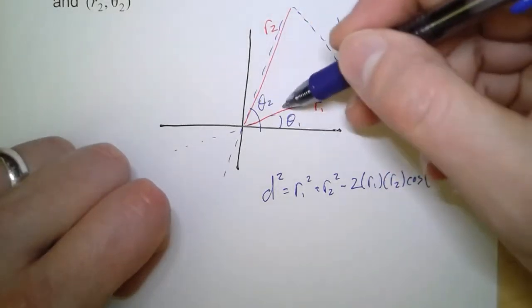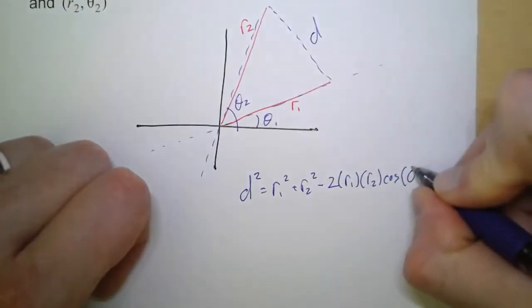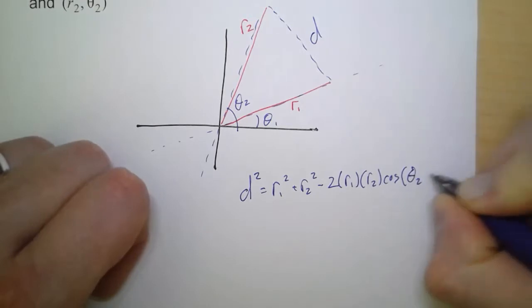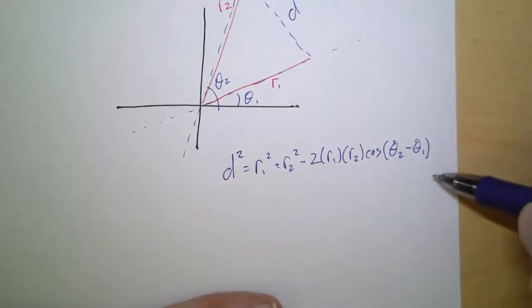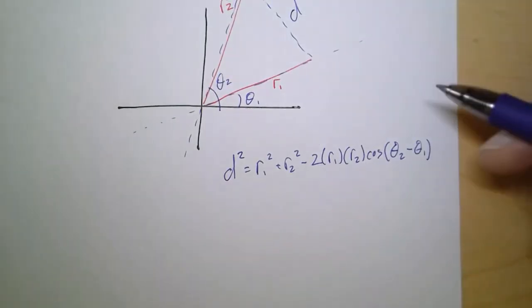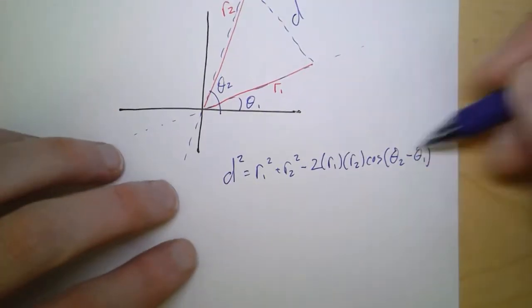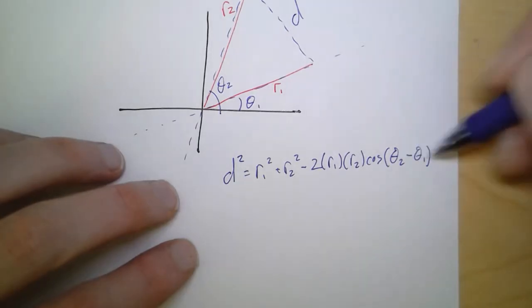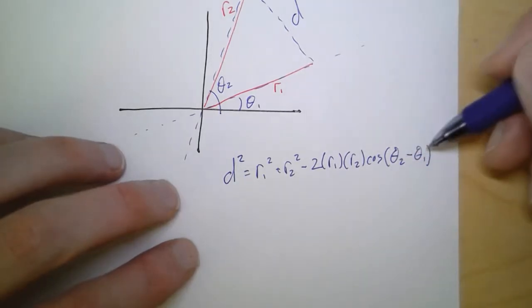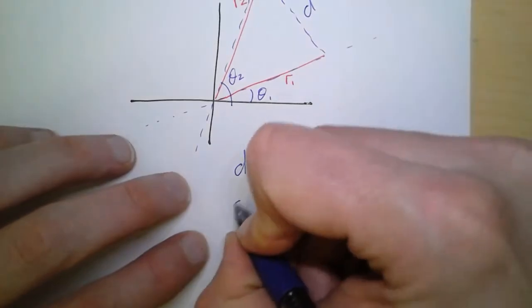It's not theta 2 and it's not theta 1. It's actually theta 2 minus theta 1. It's actually the difference between them. And because cosine doesn't matter about positives and negatives, we can write it this way. And even if we get a negative, cosine's all right.